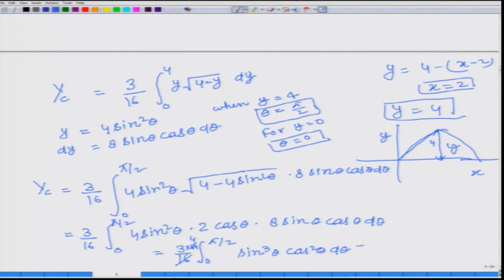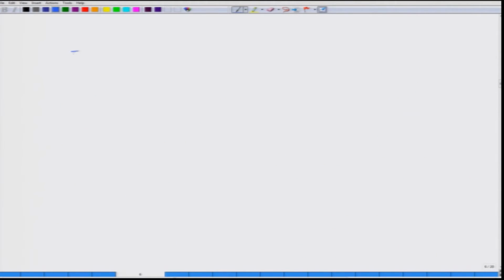So, this is 12, 0 to pi by 2 sin cube theta cos square theta d theta.